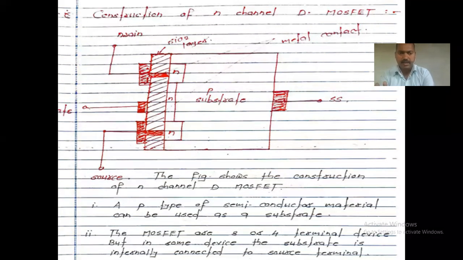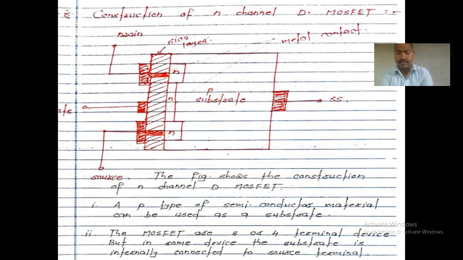These are the gate, drain, and source, the 3 terminals. Also there is the substrate terminal, which is nothing but the base terminal, the path on which the MOSFET is formed, right? So it has the drain, gate, source, and substrate: these are the 4 terminals of the MOSFET.